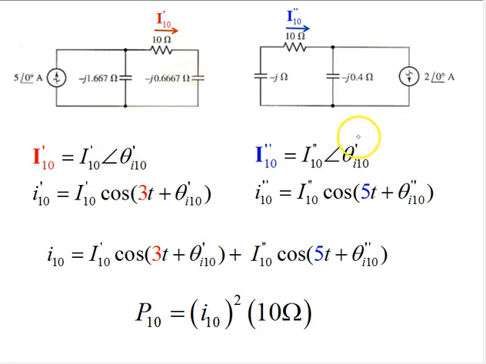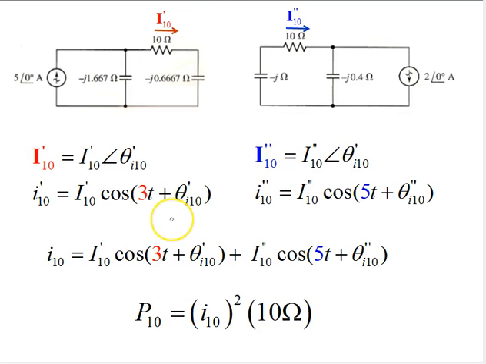We'll convert each phasor back to time domain, and then we have to sum the two time domain currents together, and it's those summed currents that we will square to find our power in time domain. This is important. For one, power is not linear. We have to find the two currents separately, or find one current and then square the current.